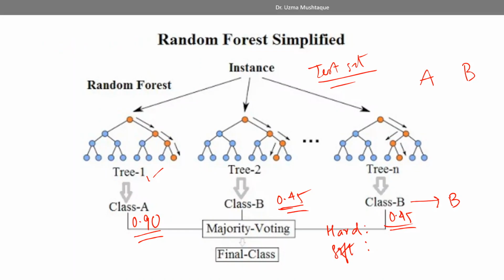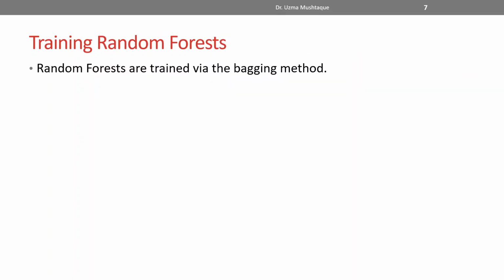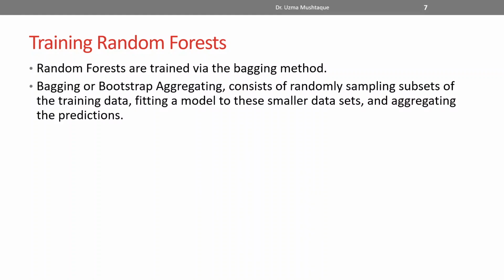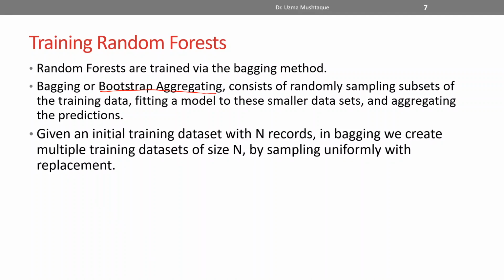Okay, so that was about how random forests look like, what is the basic structure, how they are trained. They are trained using a bagging method. This is known as bagging, the method that we use for training them. The full form is bootstrap aggregating. It consists of randomly sampling subsets of the training data, as I said, right? Randomly getting a subset, fit a model, get a prediction.